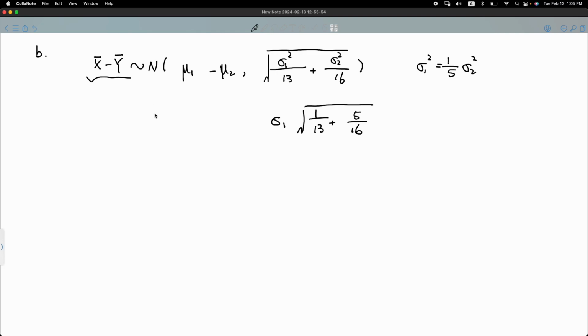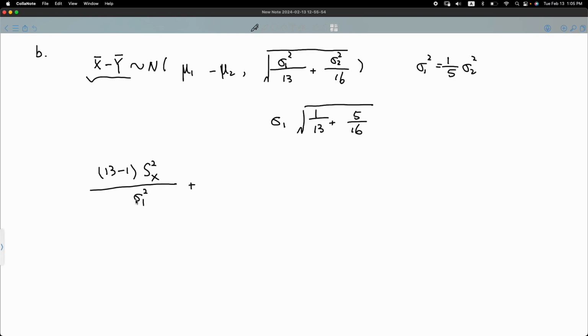And then there's also another equation that we can set up here, regarding the ratio of the sample variance over the population variance. So this is going to be a chi-square distribution.